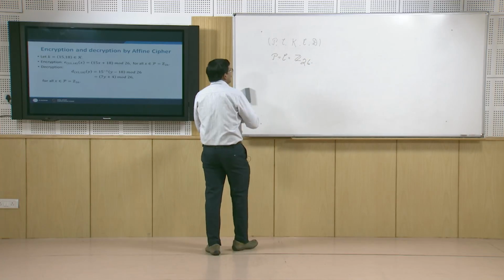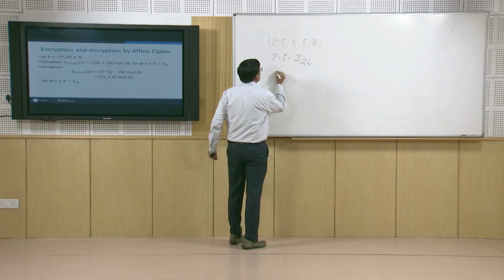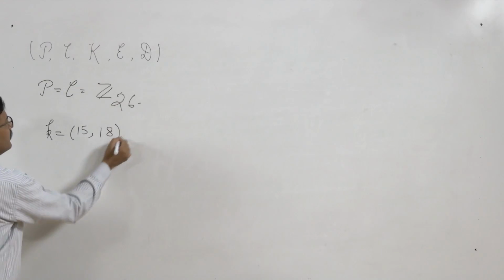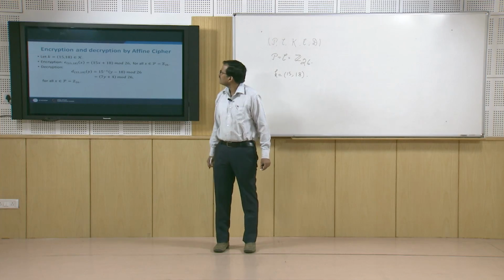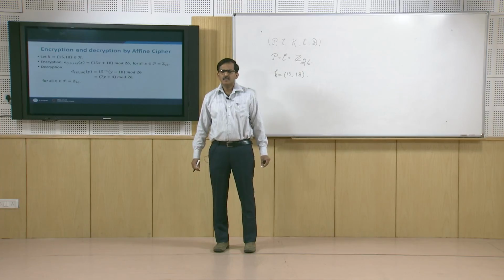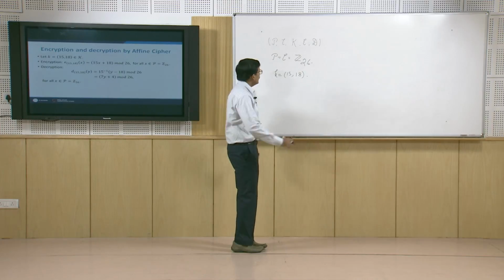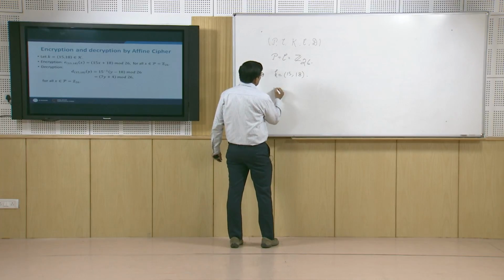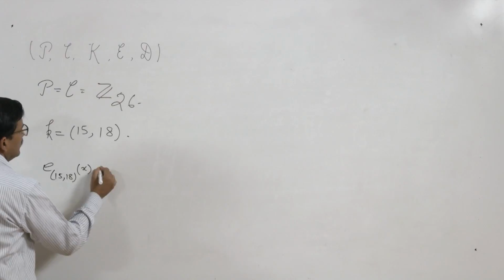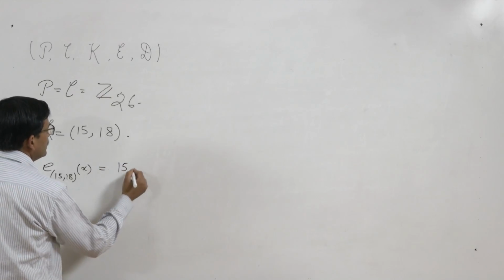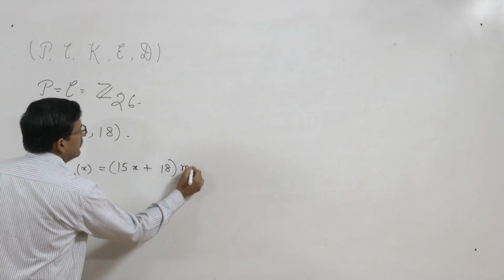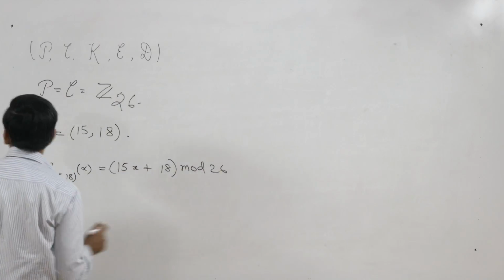So, here our key is 15 comma 18. If we want to encrypt x, then we have E 15,18 of x, which is equal to 15 times x plus 18 mod 26.